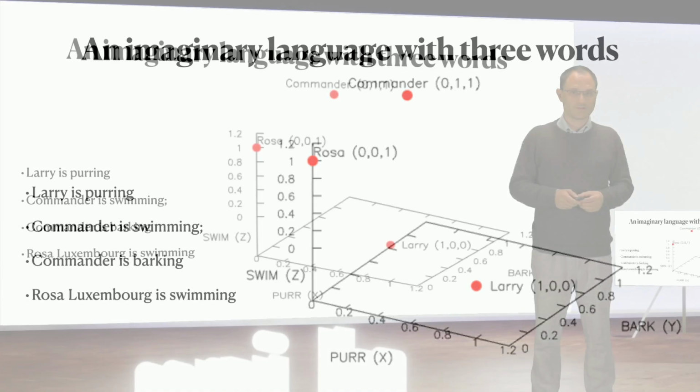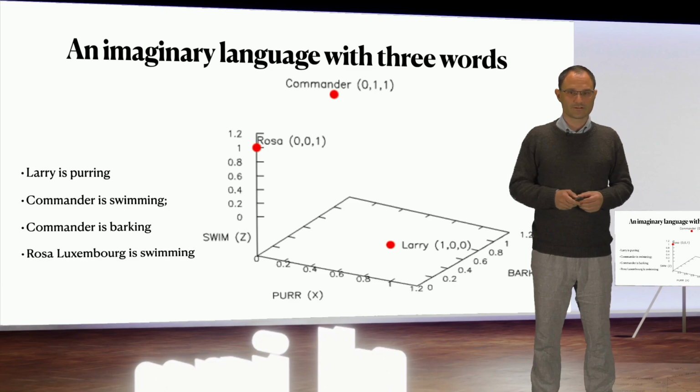For the sake of clarity, I added a third animal to the list, and this is Rosa Luxemburg. Not the famous philosopher, but the former tortoise of Balliol College, Oxford. And here is a sentence with Rosa Luxemburg. Rosa Luxemburg is swimming. The three animals are three different points in the space that has three dimensions.